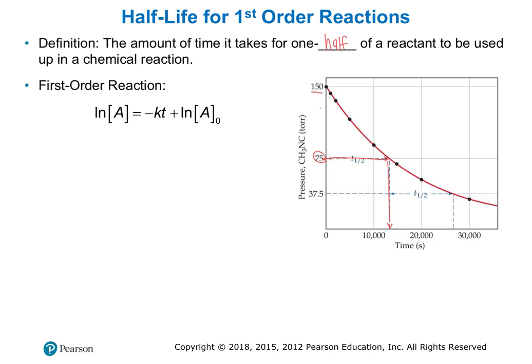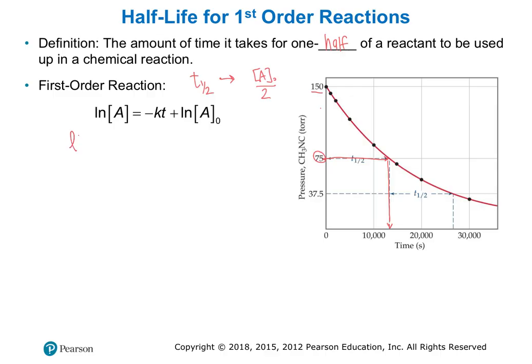But there is a way that we could determine it mathematically. We know that we're trying to find the half-life, so we're going to denote that as t1/2. And we know that that happens when our initial concentration, A naught, is divided by 2. So we're going to plug those variables into our equation.